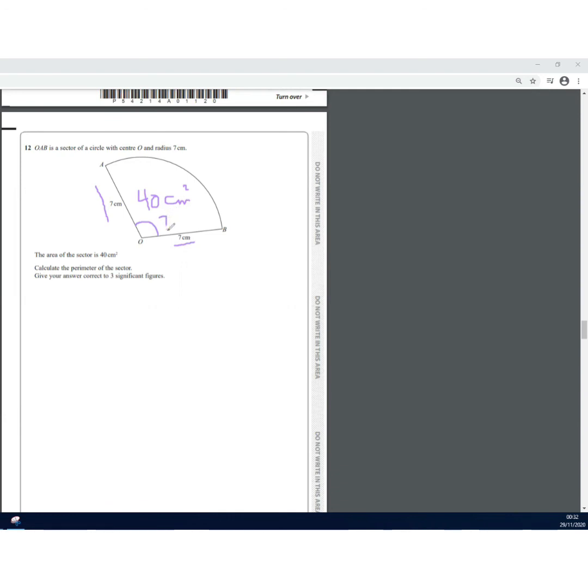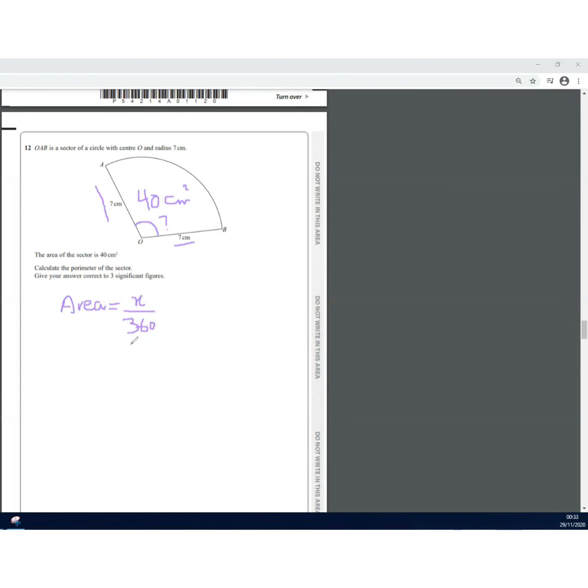So let's try figuring out that angle. The area of a sector is equal to x, let's say x is an angle, divided by 360, because it's a sector of a circle, and the circle angles add up to 360.